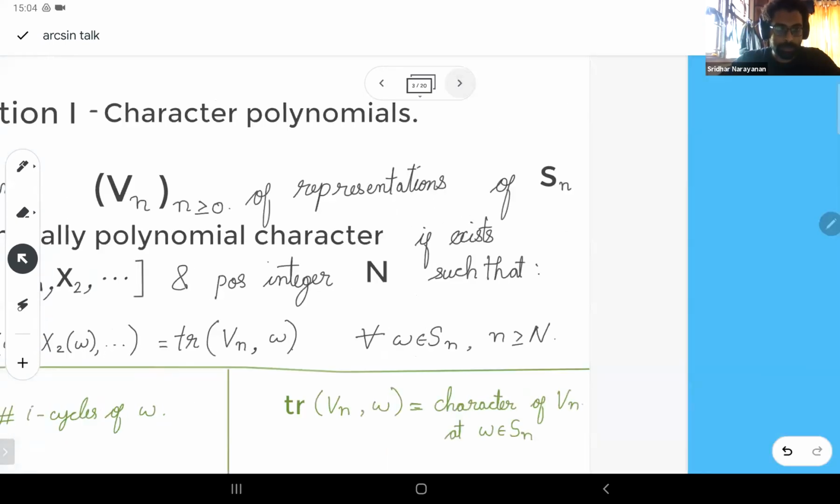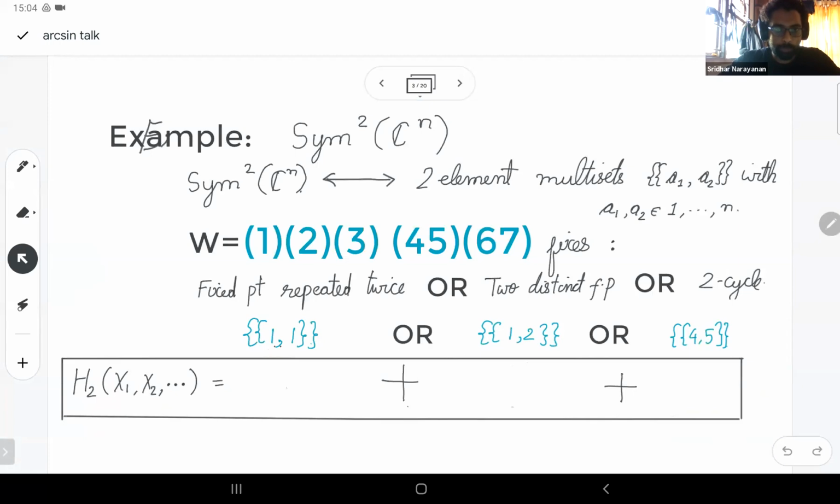Let's look at an example to familiarize ourselves with this notion. Let's look at the example of Sym^2 of C^n. You can think of elements of Sym^2 C^n as two-element multisets, where the two elements come from 1 to n.